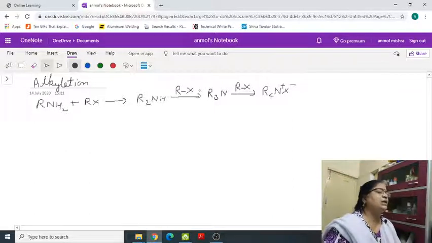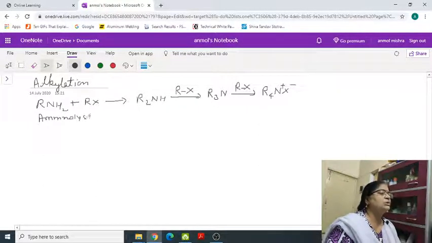Next is acylation. This reaction is also called the ammonolysis reaction.